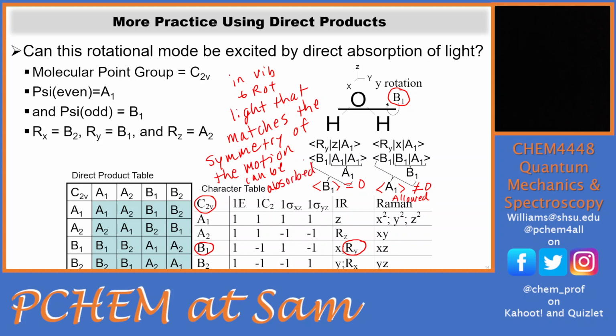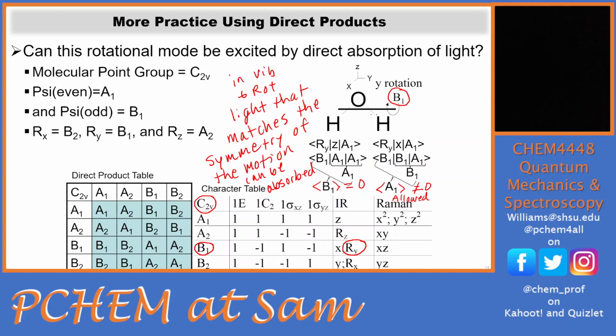Okay, so this is a conclusion. If we notice here, the Z polarized light did not match the symmetry of RY. Do you see that? The Z polarized light was A1 and RY was B1. Whereas over here, X polarized light was B1 and RY was B1.